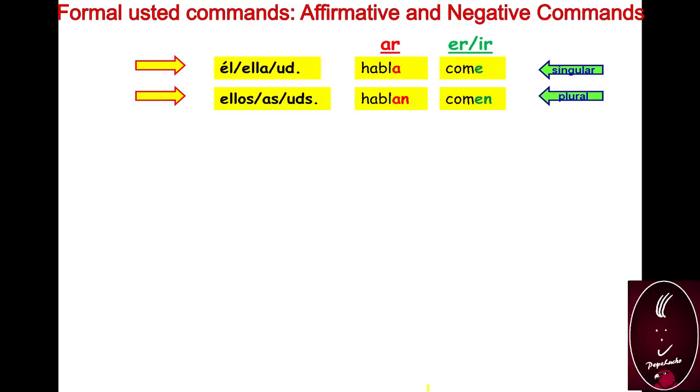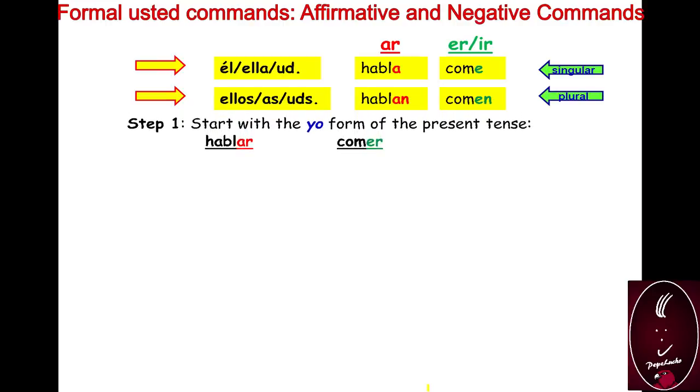To form those, we're going to follow 3 steps. The first step, start with the yo form conjugation in the present tense of those regular verbs. In the verb hablar, yo hablo, comer, yo como.